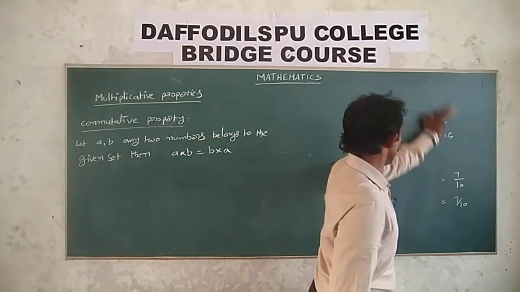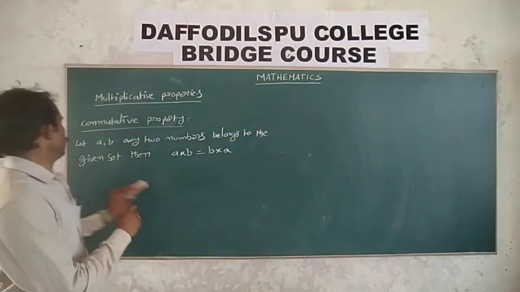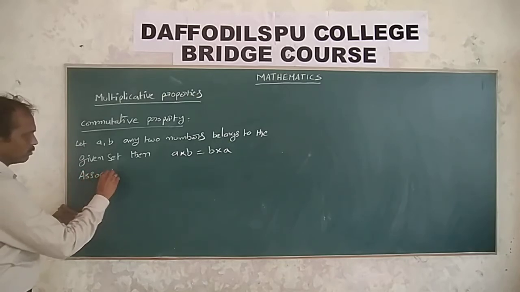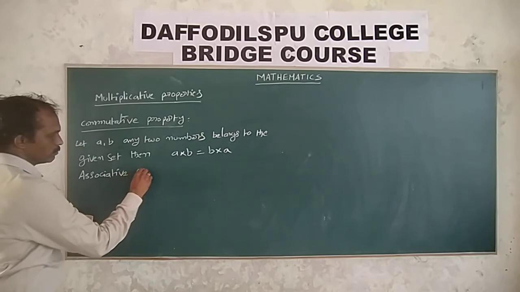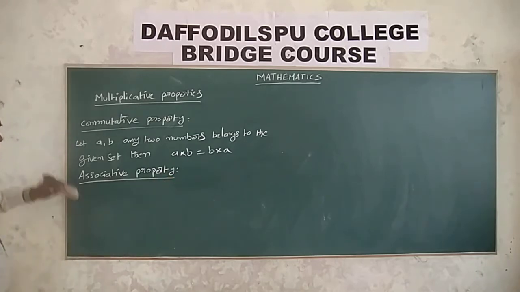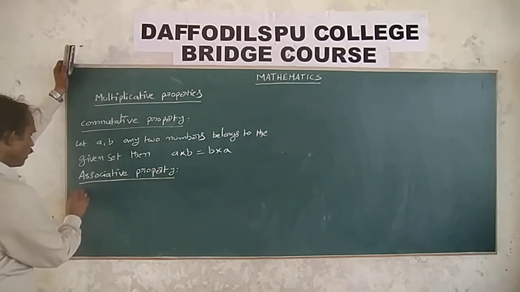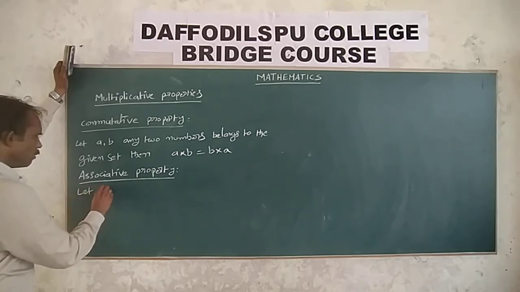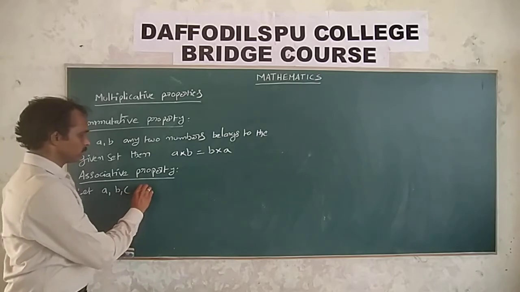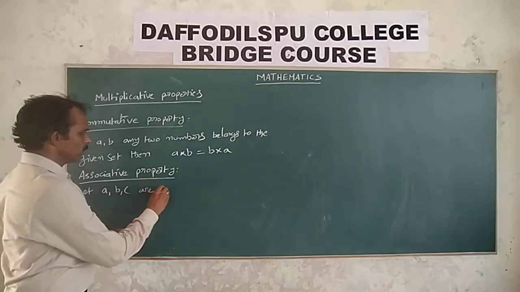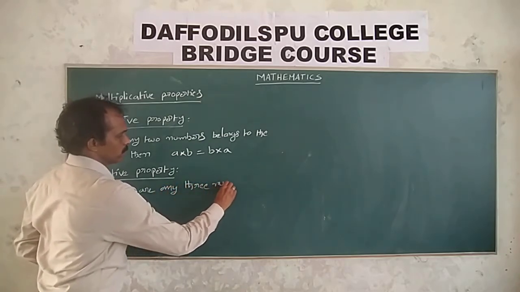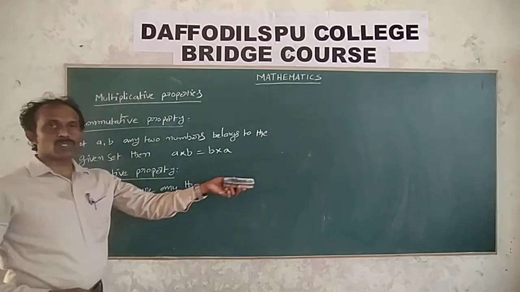Next, associative property. Let A, B, C be any three numbers belonging to the given set.